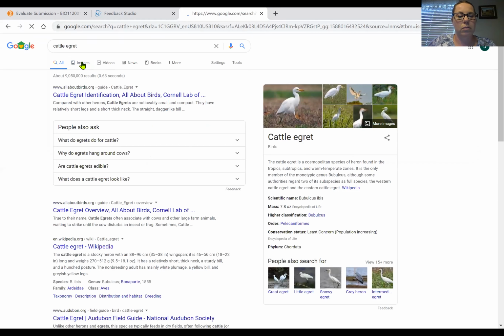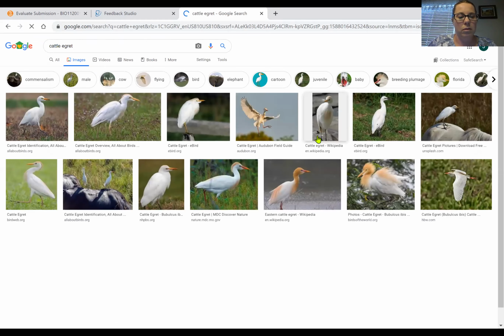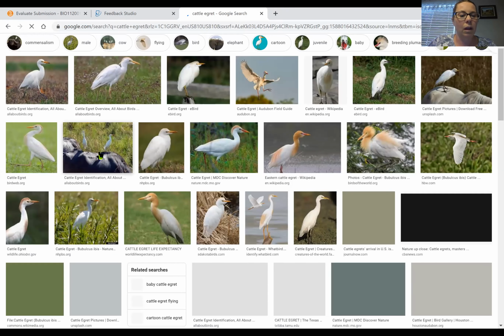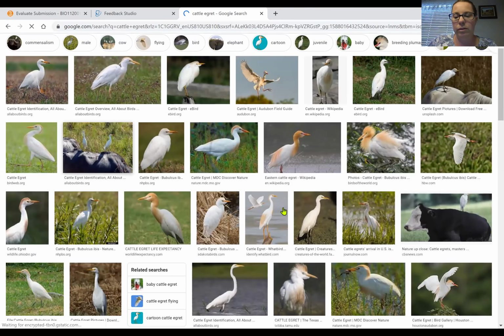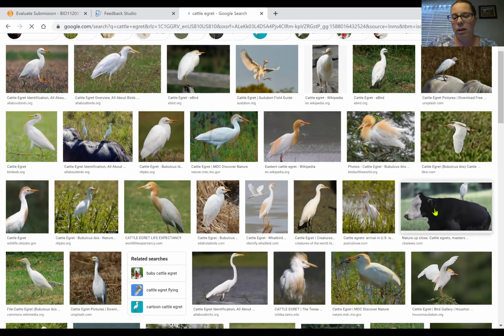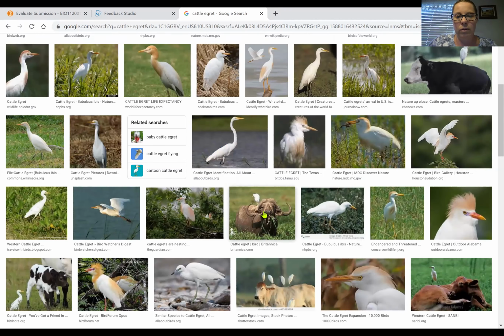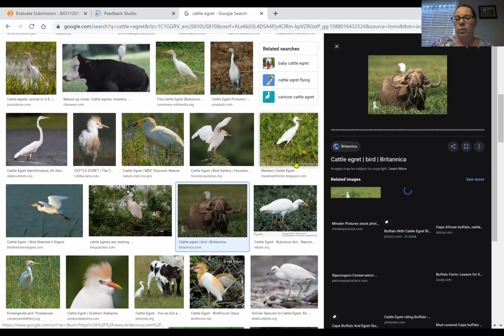Okay, images. So here they are. They hang out on cattle's back. These would be like in Africa and other places of the world, like this one.